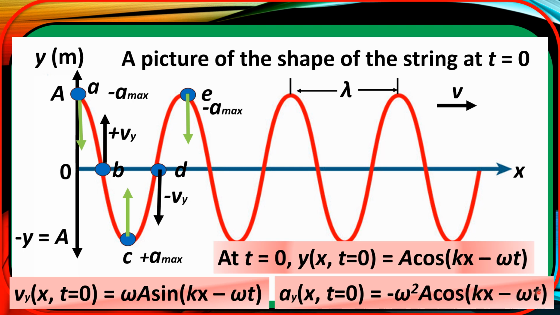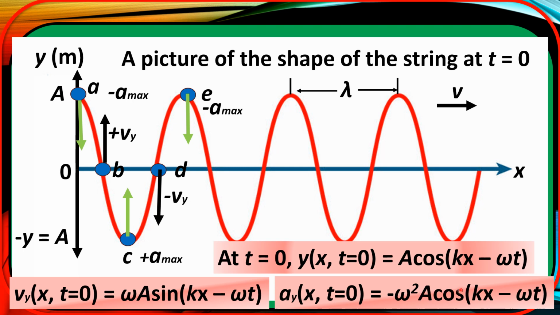Notice that A cosine quantity kx minus omega t is in fact the expression for the y displacement. There is a negative sign here to emphasize the fact that the transverse acceleration is always opposite in direction to the displacement.